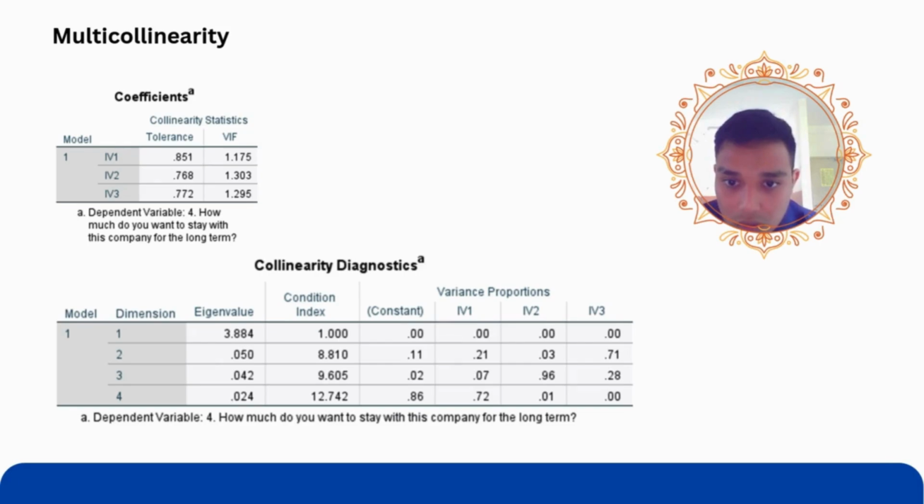For job satisfaction, tolerance is 0.851, greater than 0.1. For VIF, 1.175, less than 10. For conclusion, no multicollinearity for IV1.